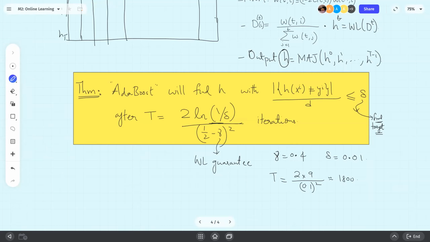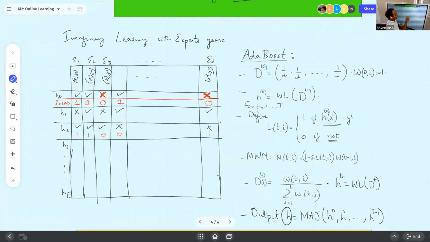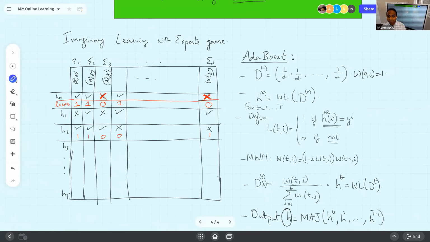So for an unseen example, how would we use this majority of h0 through h of t minus 1? Oh, okay. So maybe one thing that is not clear is that what the weak learner gives you is a predictor, right? It's a function. Each ht is a function from domain to labels.